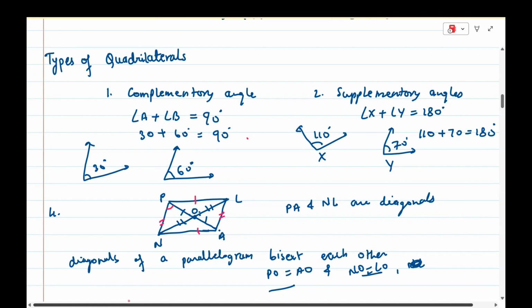The second property says opposite angles of a parallelogram are equal, meaning angle P is equal to angle A, angle N is equal to angle L. The third property says adjacent angles, meaning neighboring angles, sum to 180 degrees, meaning angle P plus angle L is 180 degrees. Or you take any pair of adjacent angles, either P and L is 180 degrees, L and A is 180 degrees. And the fourth property is diagonals of a parallelogram bisect each other.